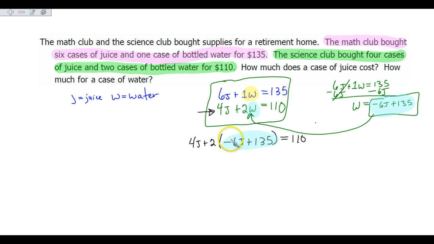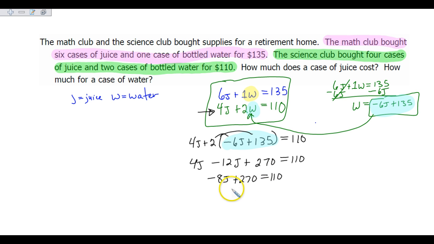So then we'll just solve it like usual. So we'd get 4J minus 12J plus 270 equals 110. And then 4J minus 12J would be negative 8J, and plus 270 equals 110.